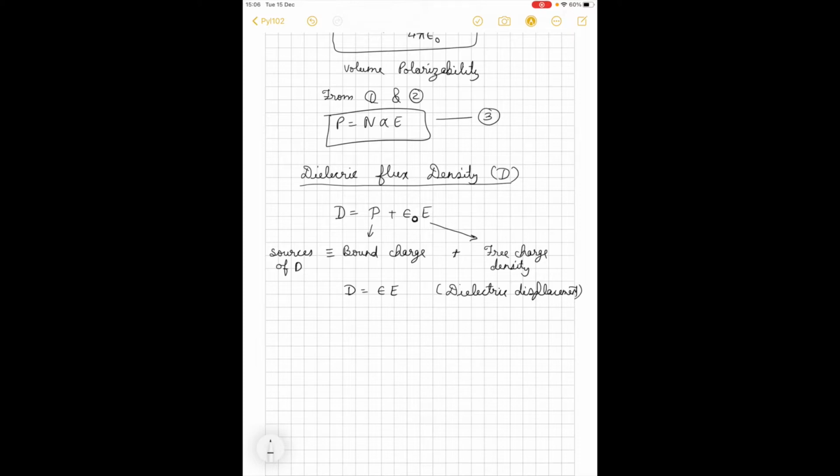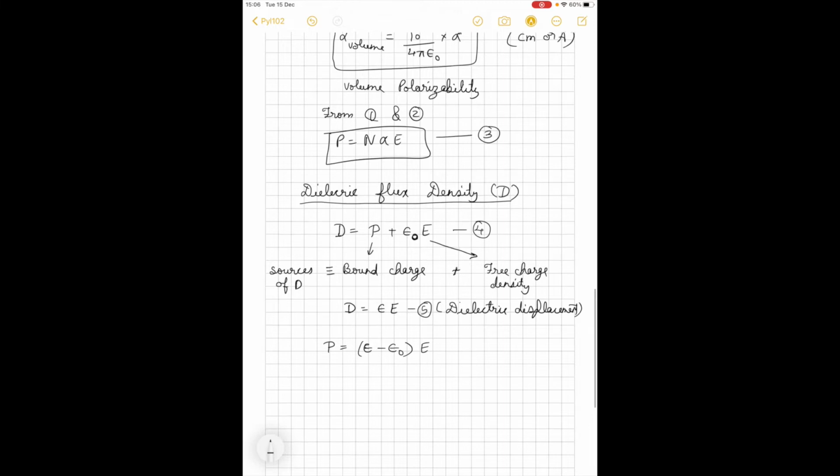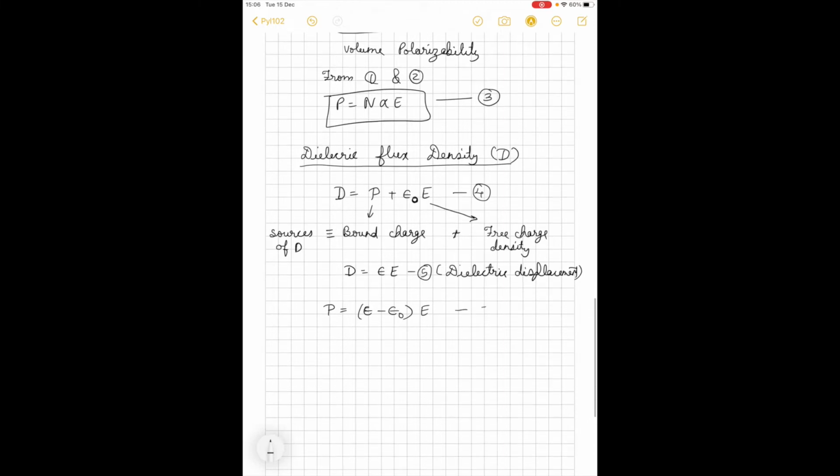Now, if I use these two, equation number 4 and equation number 5, our P will be equal to epsilon minus epsilon naught times E. So this is, let's say, our equation number 5.